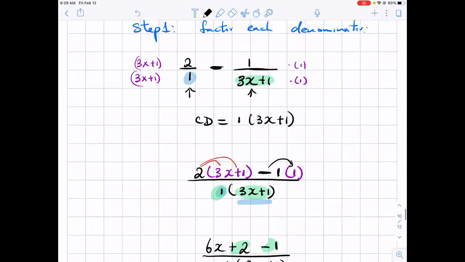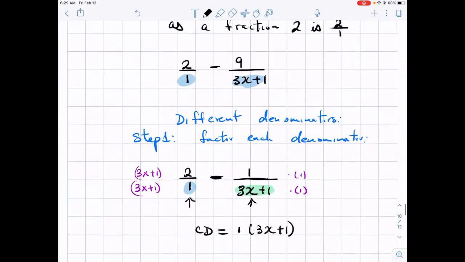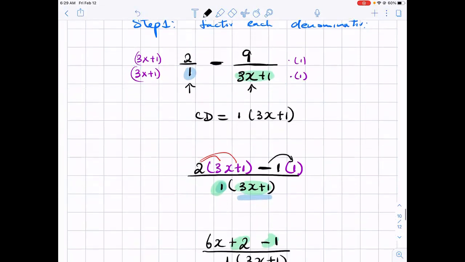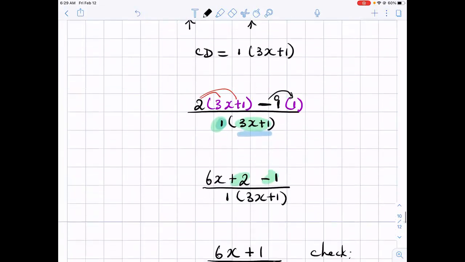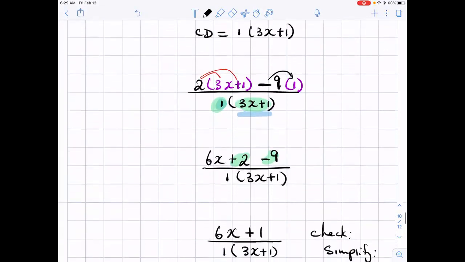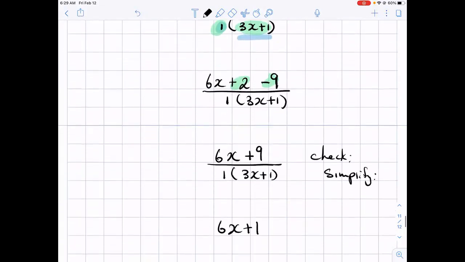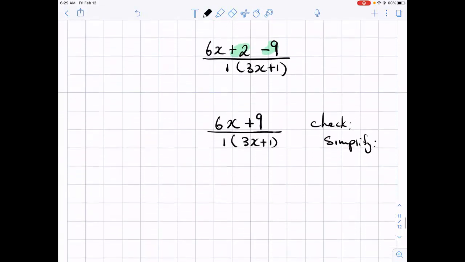Just notice that the original problem, this is a 9. So we need to make that little change there. This will be a 9. This will be a 9.